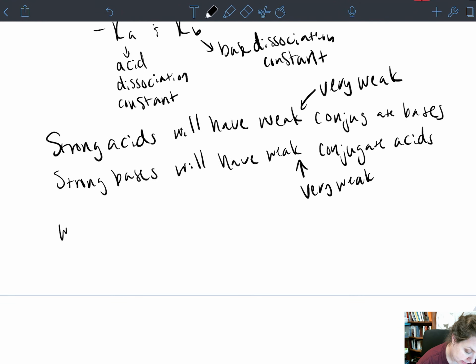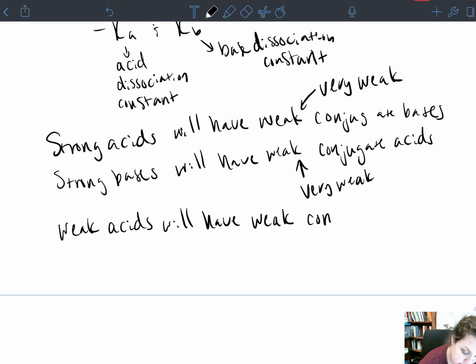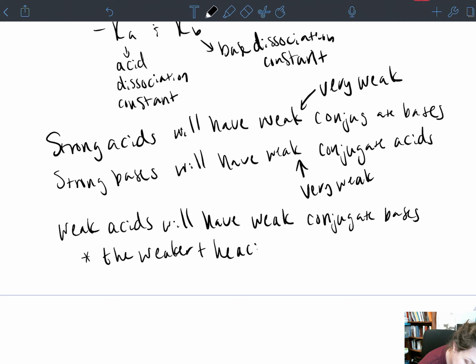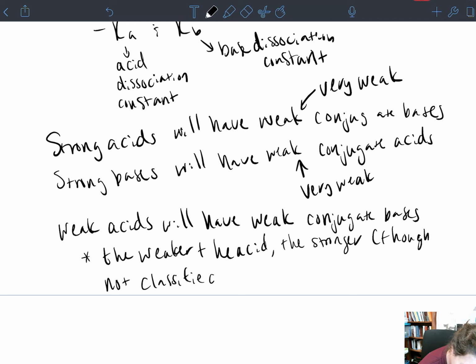Our weak acids will have weak conjugate bases, but the weaker the acid, the stronger, though not classified as strong, the conjugate base.